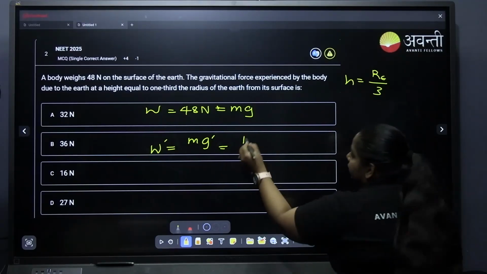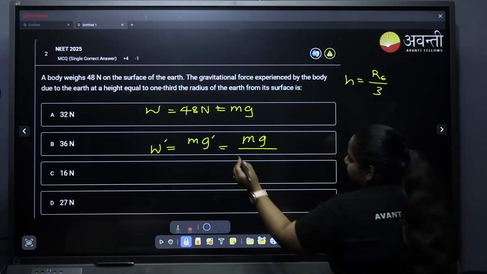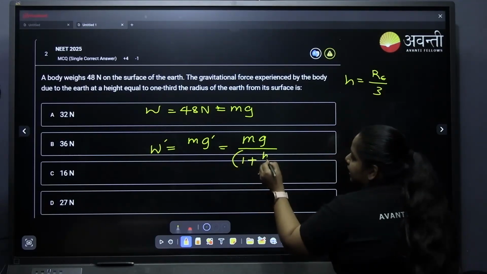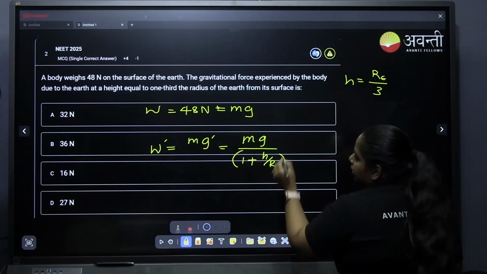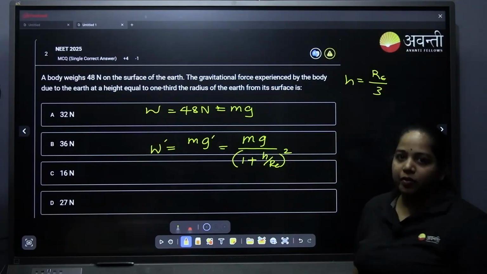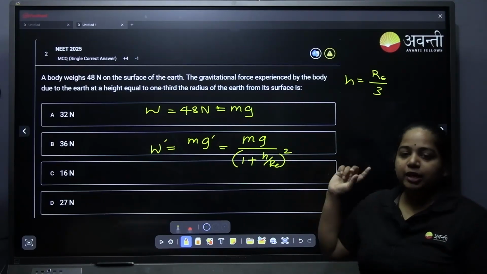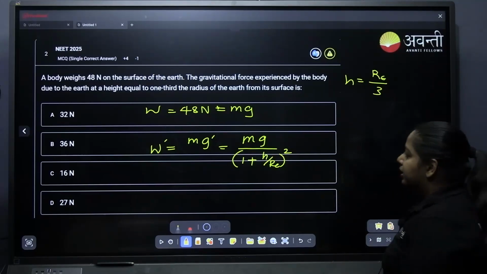Which formula do we have to use? G divided by 1 plus h by RE, the whole square. This formula we have to use since h is comparable to radius.